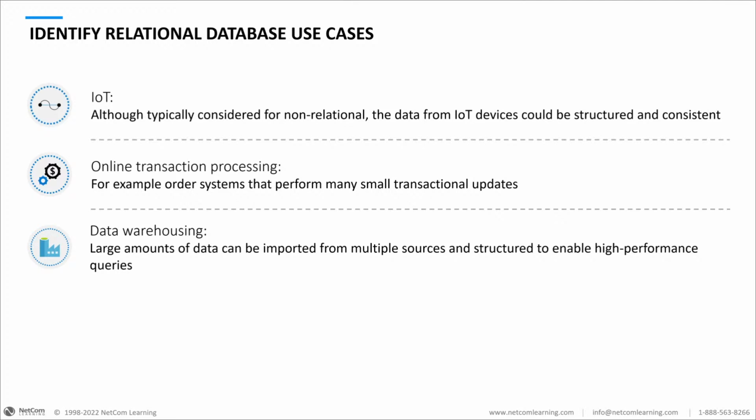But because it has a large amount of data and it's very structured, and that data could be generated from many sources, it's going to use a relational database structure, even though that database structure is designed for a high volume, high performance query engine. And so it's going to allow us to make sure that the data is stored and organized properly.